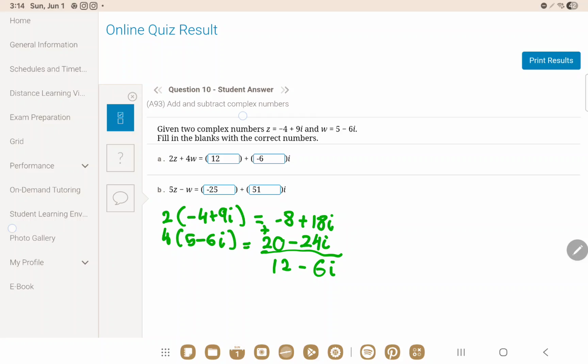Now, let's do the second one. Same thing, just 5z now. 5 into z, which is negative 4 plus 9i, equals negative 20 plus 45i. All of this minus 5 minus 6i.